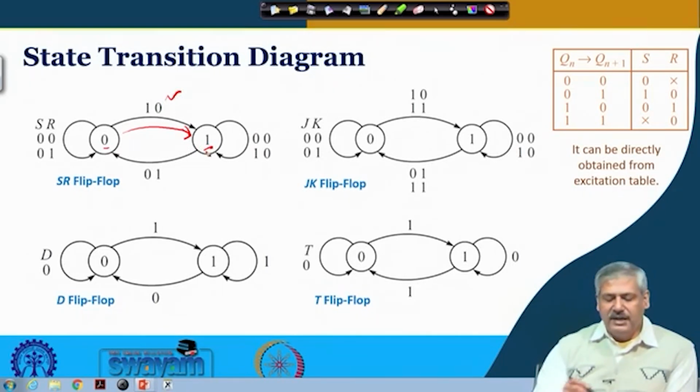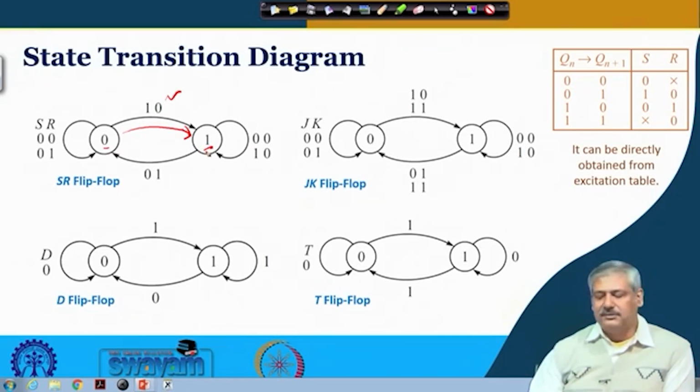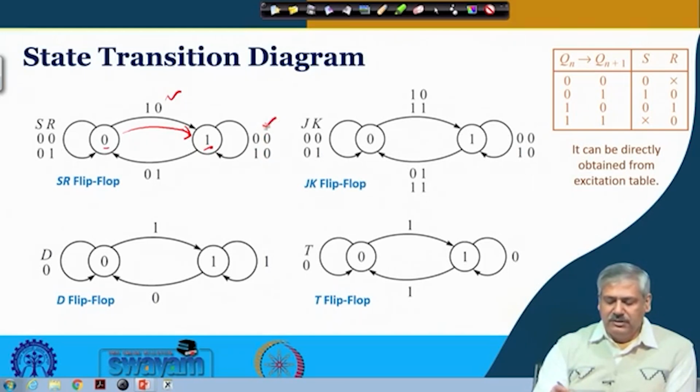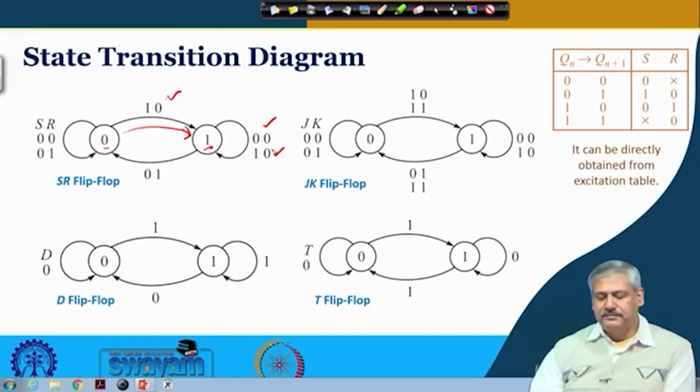Now, it is at state 1, and it is receiving whatever is allowed. Other than 1 1, everything is allowed: 0 0, 1 0 and 0 1. So these are the 3 things that are allowed for the SR flip flop. If it receives 0 0, it will stay at 1 only. If it receives 1 0, it will remain at 1.